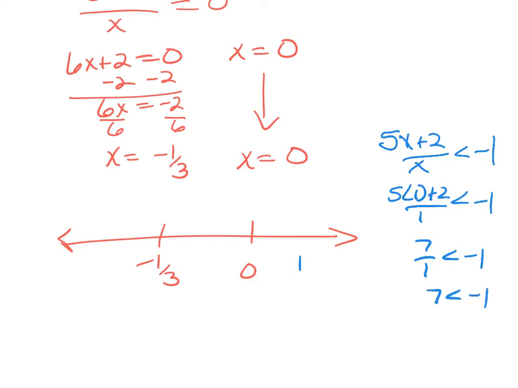Is 7 less than negative 1? No, it's not. It gets an x here, a check here, x here. So my solution here is just the middle. So negative 1/3 to 0. So just this section here.